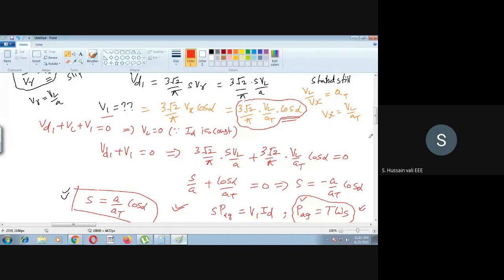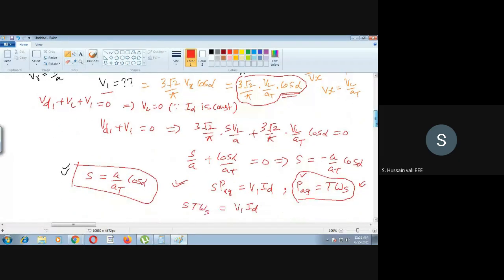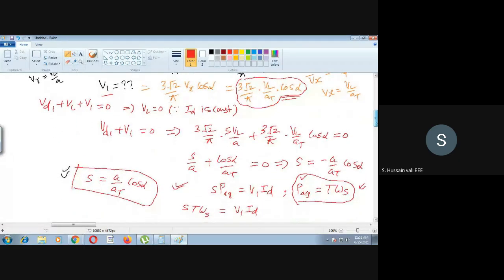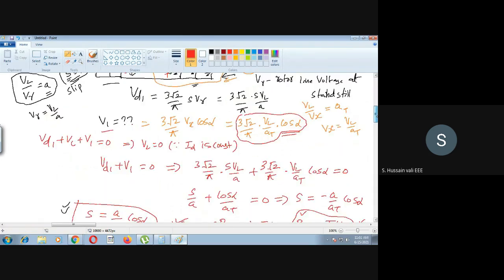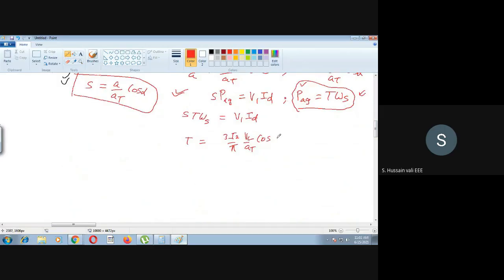We will write this equation: 3 root 2 by pi VL cos alpha into ID, divided by S into omega S.